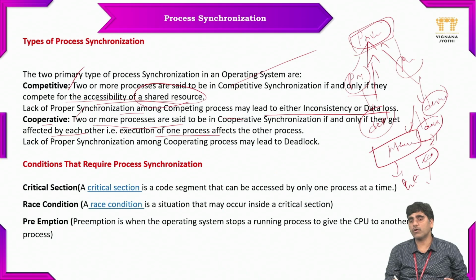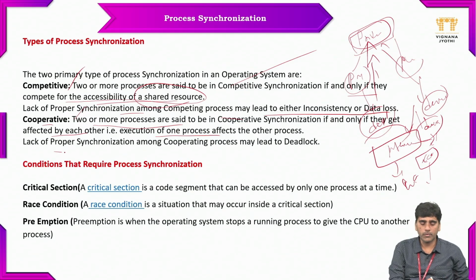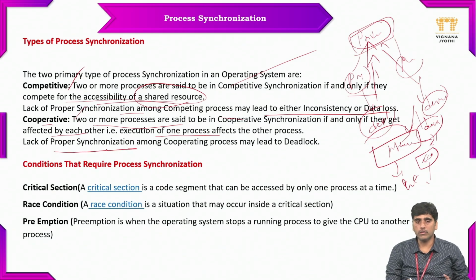If they are in a competitive manner, then one device's access cannot be allowed to another device. That is the way competitive and cooperative processes are differentiated. Here they can be affected by each other. Execution of one process affects the other process, and lack of proper synchronization among the cooperative processes may lead to deadlock.